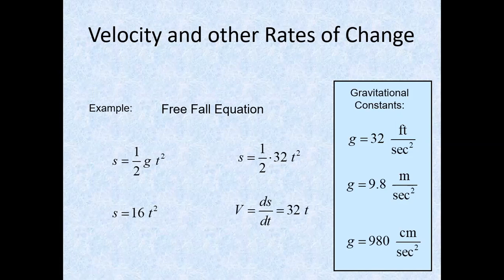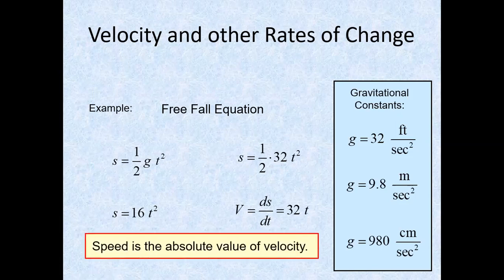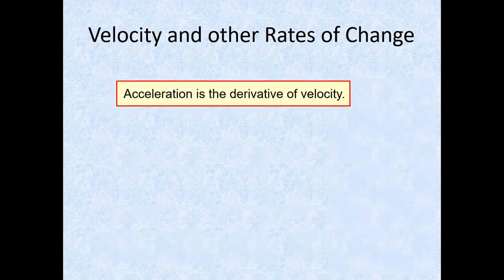So v equals ds over dt equals 32t. The speed is the absolute value of velocity, hence proved. The acceleration is the derivative of velocity, as we know.